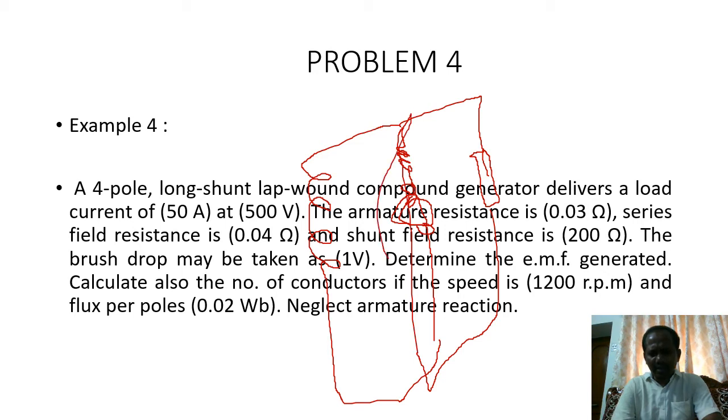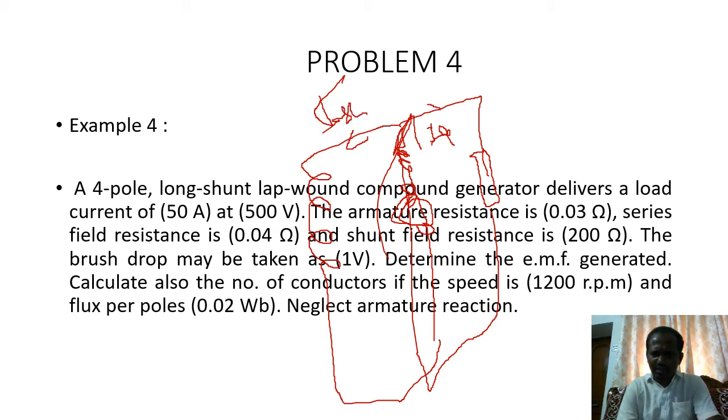The current in the circuit is the armature current IA, which has armature resistance Ra. The series field winding is connected in series with the armature, so the series field resistance is Rsc and the series current is Isc, which is divided here as the shunt field current Ish.